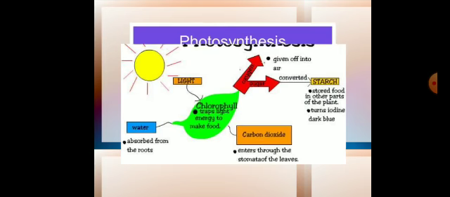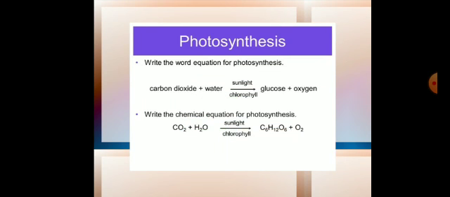Now here I am showing you the one word equation for photosynthesis and one chemical equation also. In the first one you can see, carbon dioxide plus water, in the presence of sunlight and chlorophyll, gives glucose plus oxygen. The same reaction is written by the formula, the chemical equation.